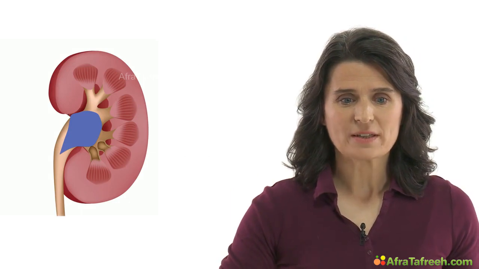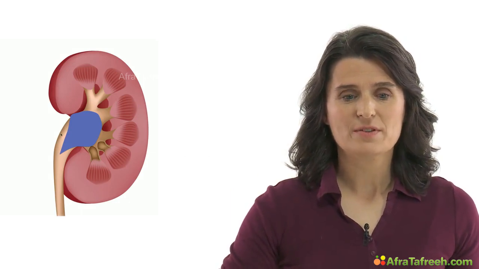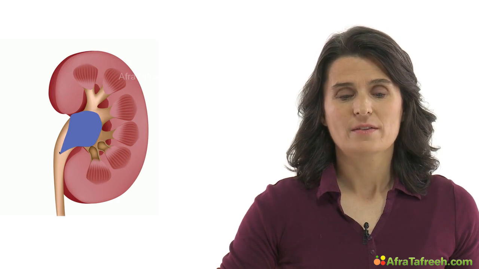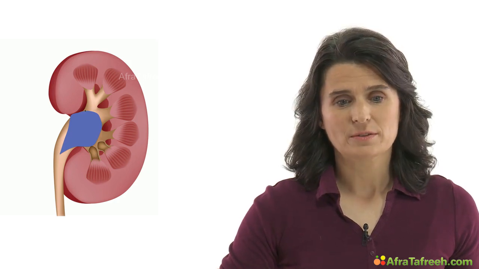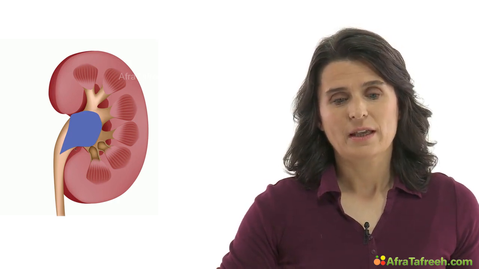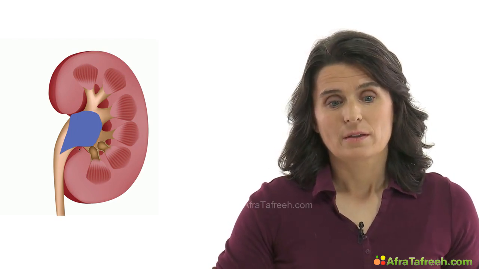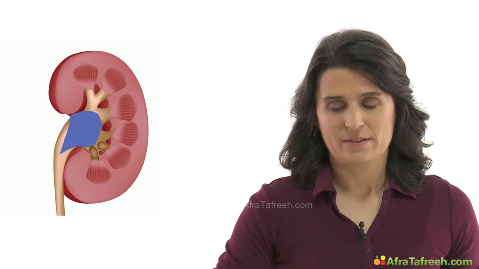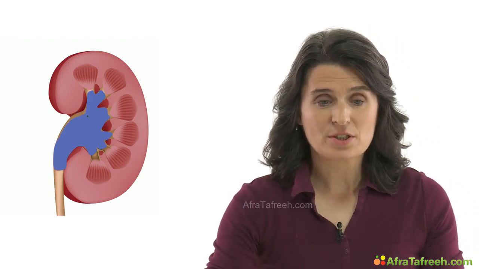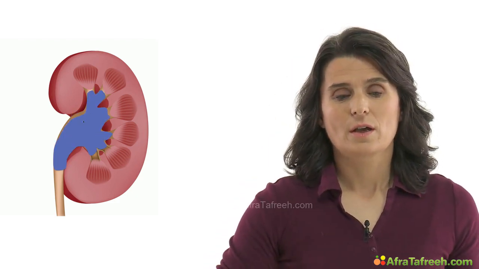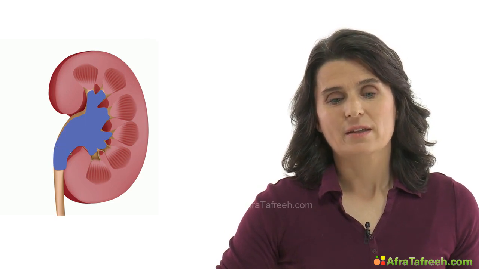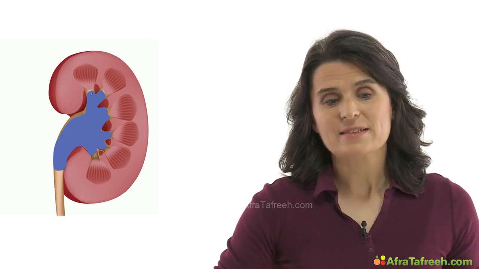Let's see this in a picture over here. So we can see the renal pelvis over here, and the ureteropelvic junction, and in ampullary renal pelvis, the urethra is not dilated. In the next picture, we see a hydronephrosis, and the urethra is dilated.